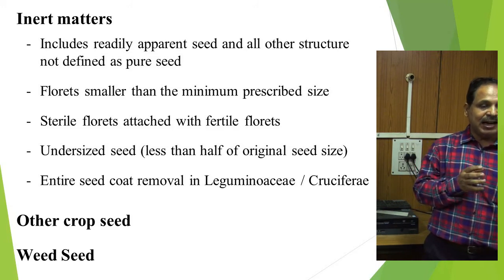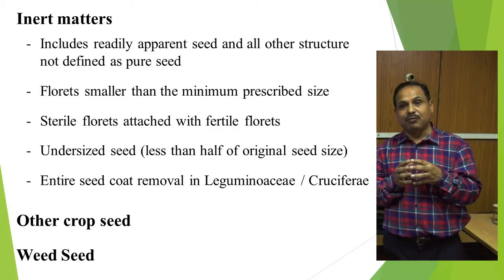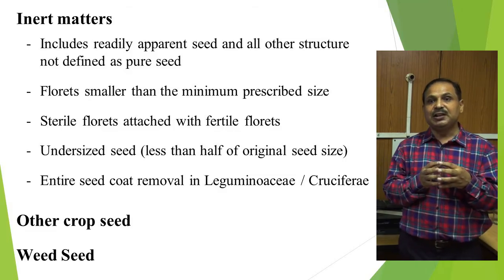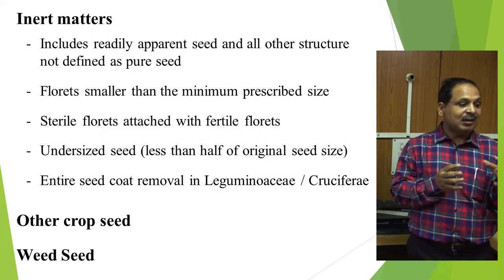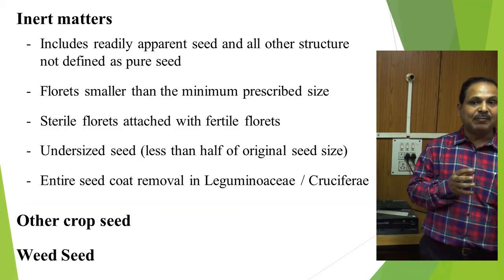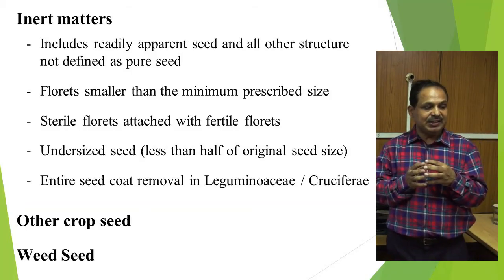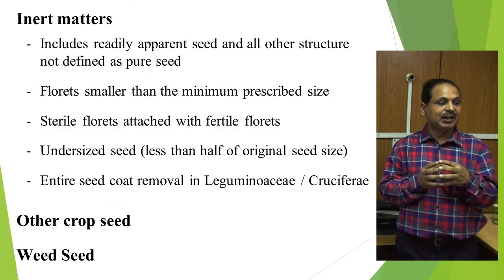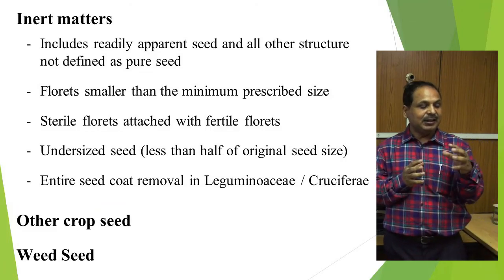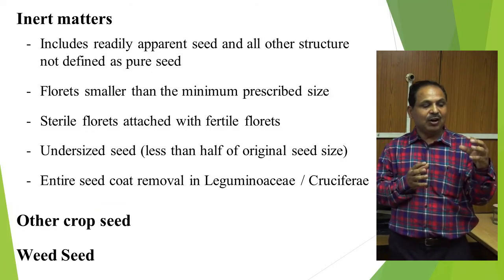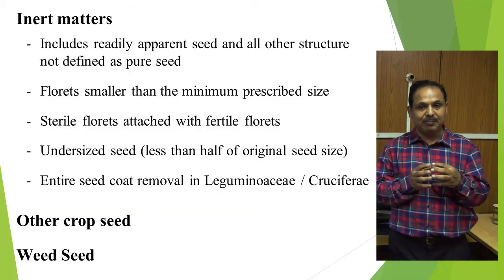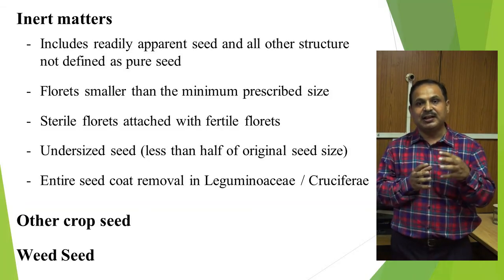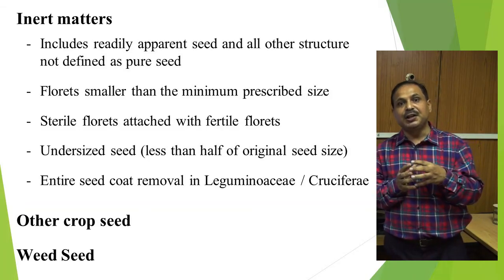Sterile florets attached with fertile florets are also considered inert matter. Undersized seeds, less than half of the original seed size, are also considered inert matter, and if the entire seed coat is removed in the case of Leguminaceae and Cruciferae families, that is considered under the inert matter component of physical purity.